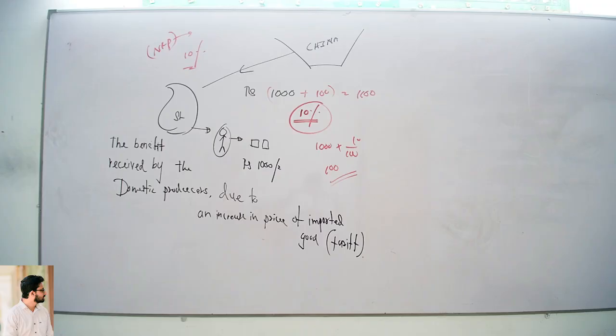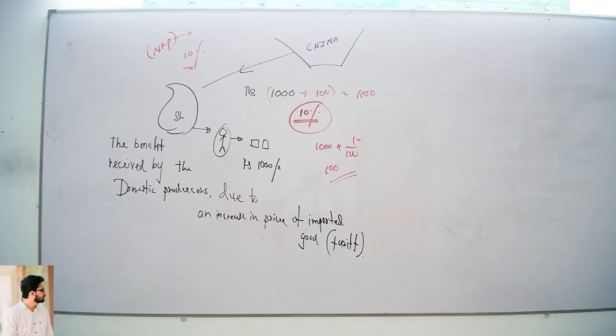But remember, yesterday we discussed protectionist policies, the protection given by the government to domestic producers. Now we are talking about the measurement. How do we measure the protection received by producers?